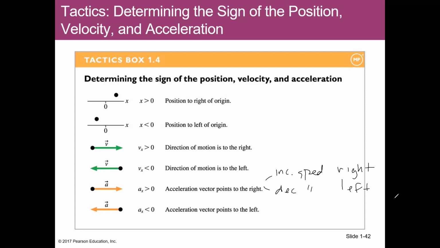If it's negative, then you flip those. So negative acceleration could mean that you're either increasing speed while moving left or slowing down to the right. Now, speeding up and slowing down are not good words when we're talking about vertical motion. So that's why I stick with increasing speed. Okay, so same thing here.